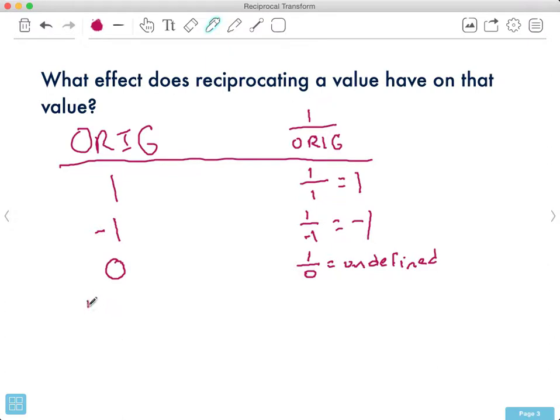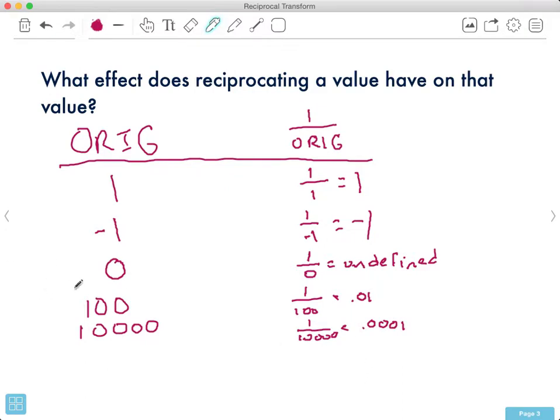If you take an arbitrarily large original value, let's take 100, reciprocating 100 gives you 1 over 100, which is 0.01, a very small value. Reciprocating 10,000 gives you 1 over 10,000, which is 0.0001, an even smaller value.